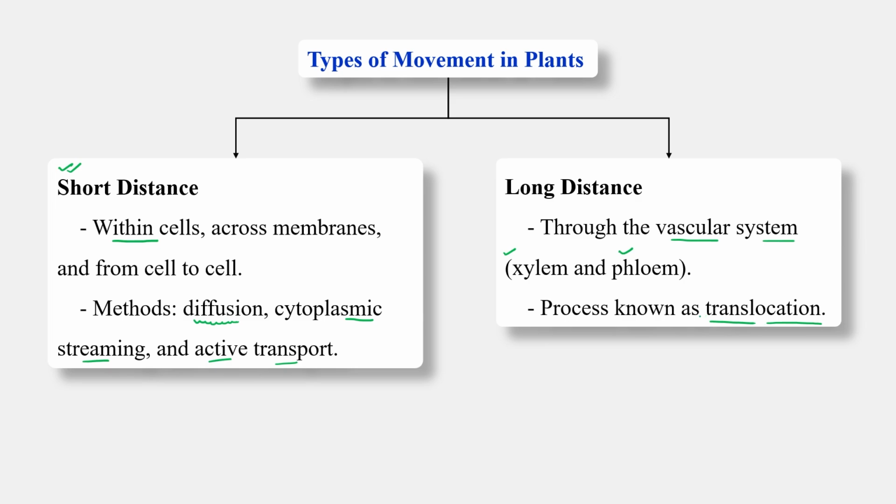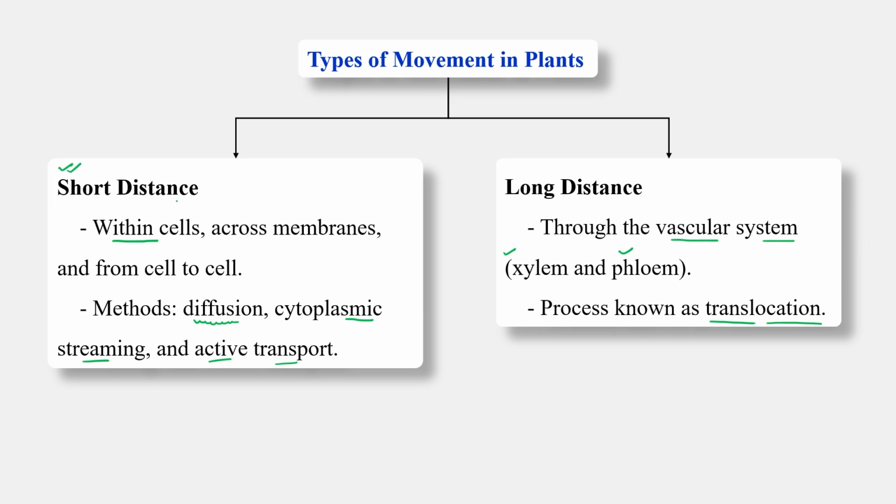Okay, as plants don't have any kind of circulatory system, but they also require to move food to all the parts of the body for metabolic activity. They also require to move water from the soil to leaves, right, to synthesize their food. So two types of mechanism are here.